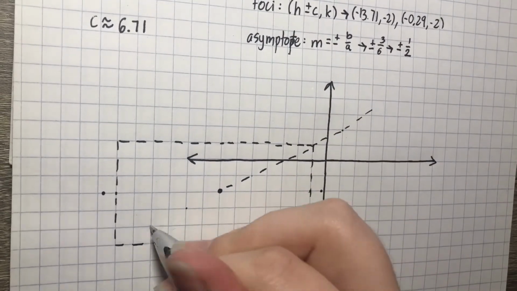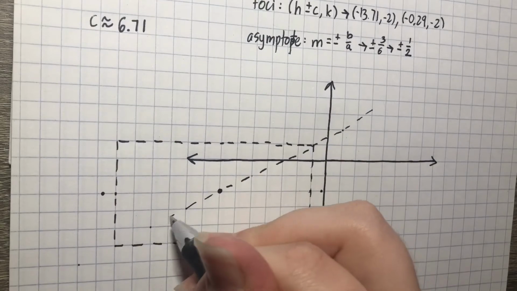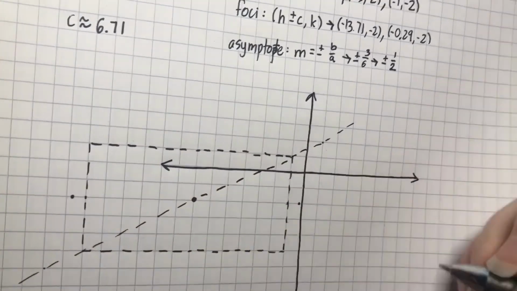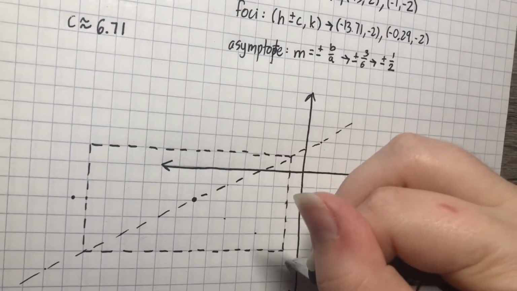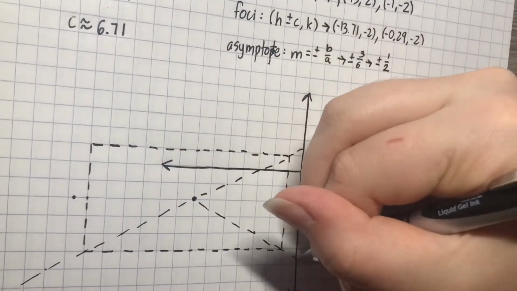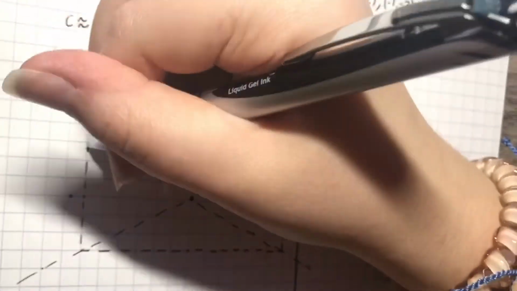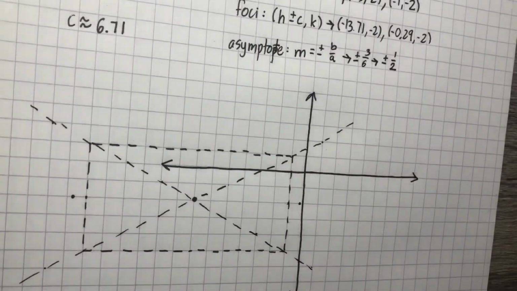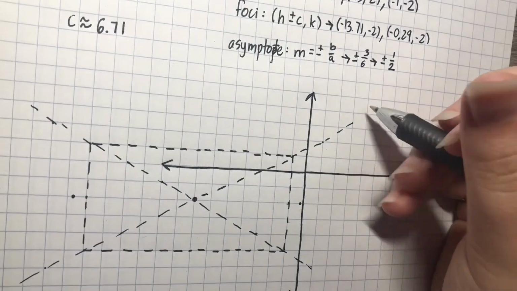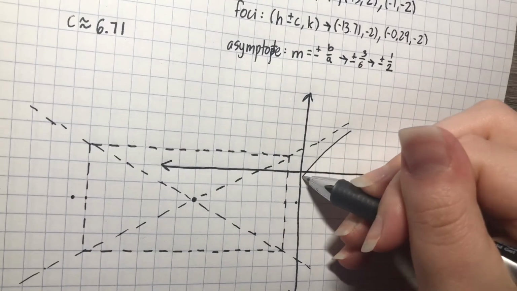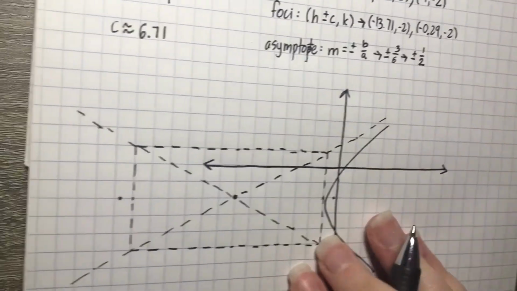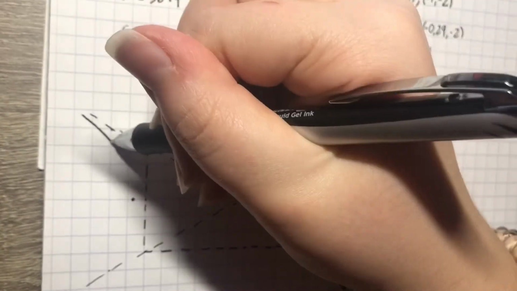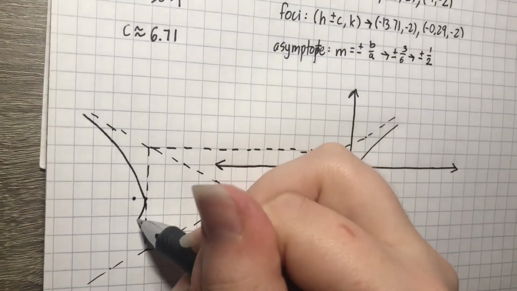And I just drew them out on both sides. And then with the asymptotes, I just drew our hyperbola. And yeah, that's the end. That is the hyperbola and the equation solved.